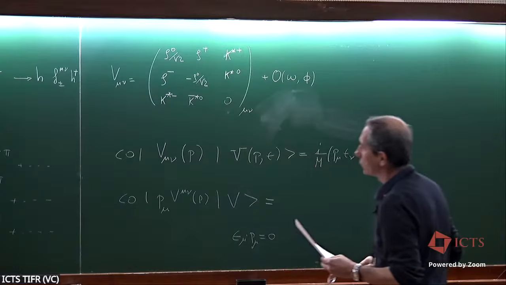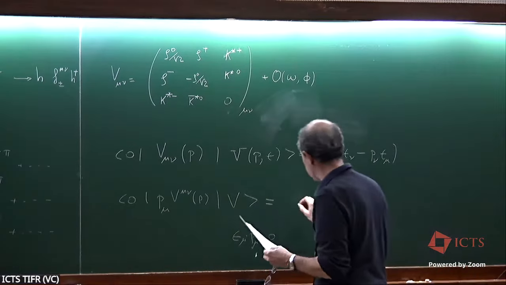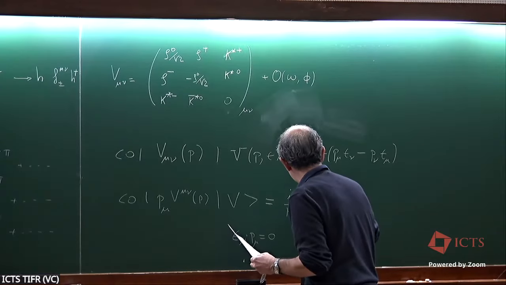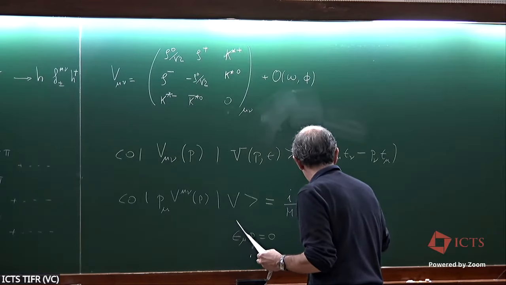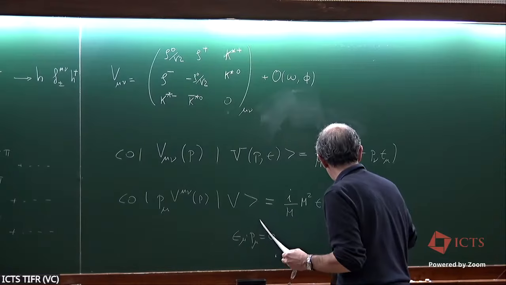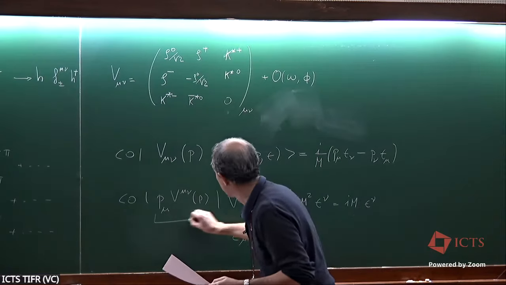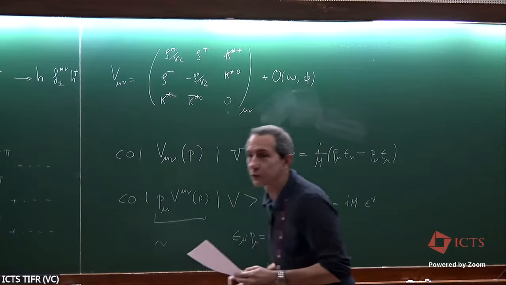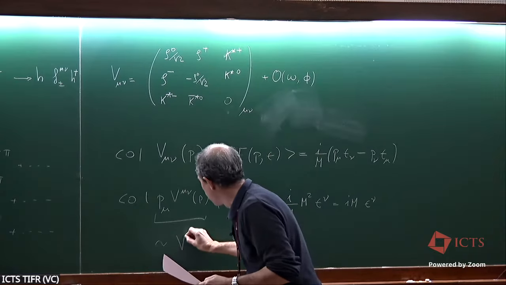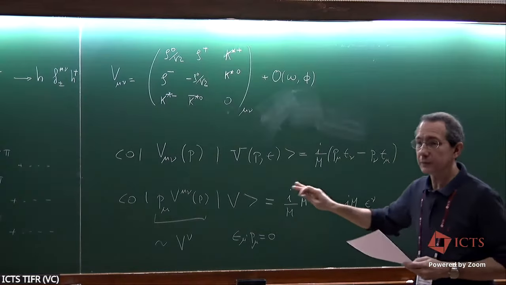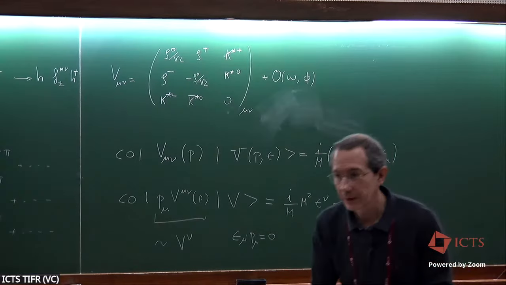For a non-shell vector, what I get here is m squared epsilon mu. So this is what you would probably think of as the usual V nu, the vector formulation, but that's true on shell.